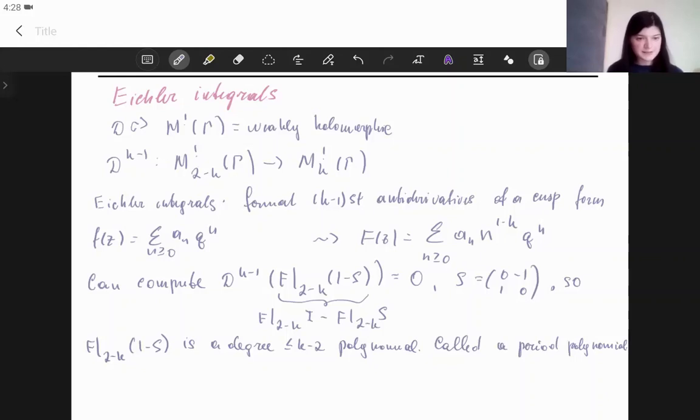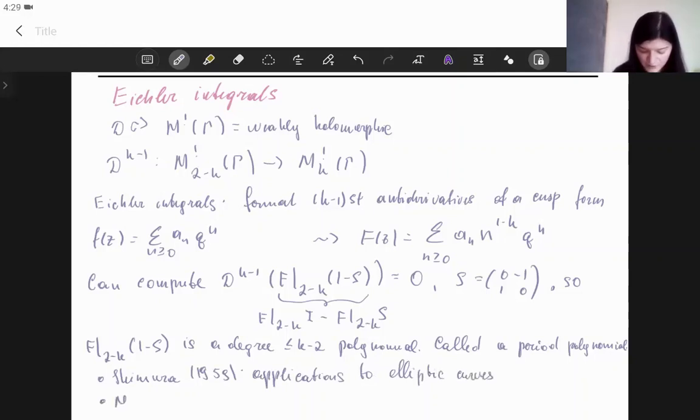And these period polynomials have quite a few different applications. I'll just mention some of the earlier applications by Shimura in 59, who got some applications to elliptic curves. And there's also an application by Manin in 79 to critical values of L functions.